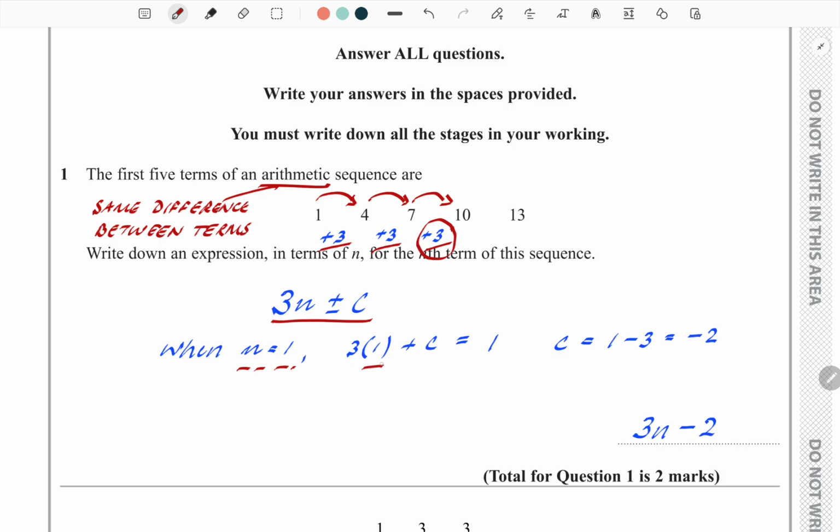So 3 times 1 plus c equals 1, which is the first term. Rearrange that and you get c equals minus 2. Fairly simple. So that means that the nth term is given by 3n minus 2.